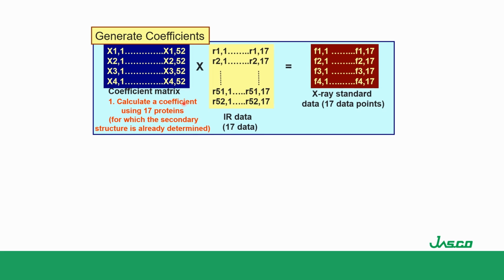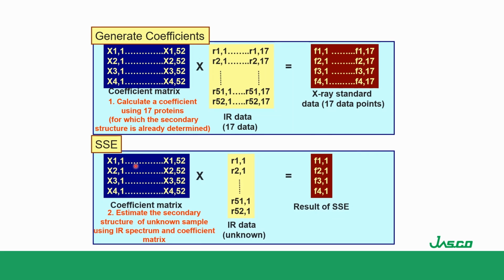So the next thing to do is, since we have the information of the coefficients of this matrix, the user next measures the infrared data of the unknown sample, and from here, what is calculated is the secondary structure. So this F1 here would be alpha helix, beta sheet, beta turn, and random, and this is only the information from only one protein.